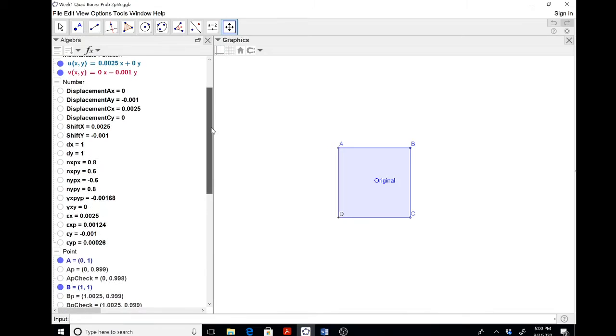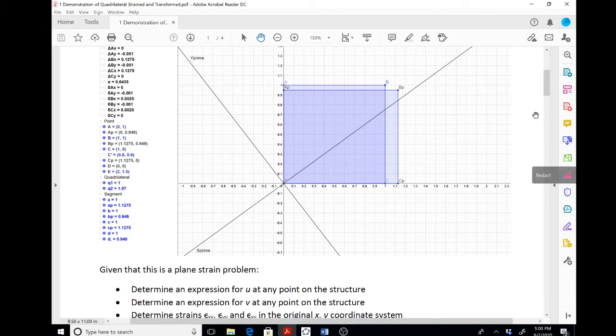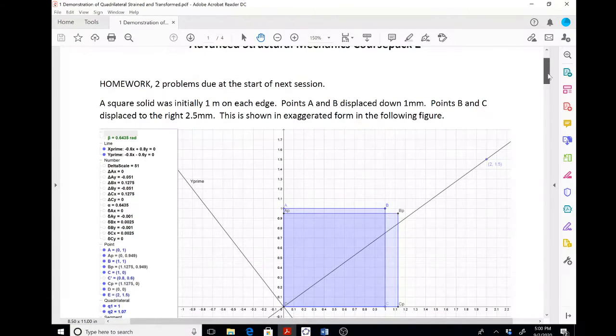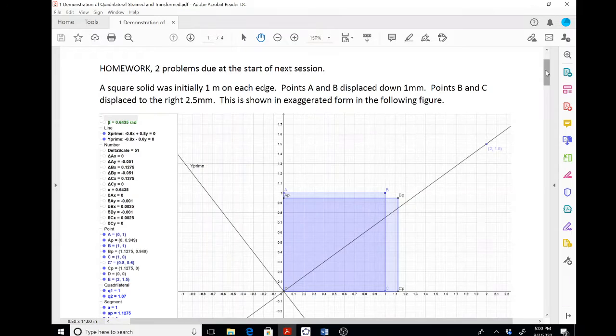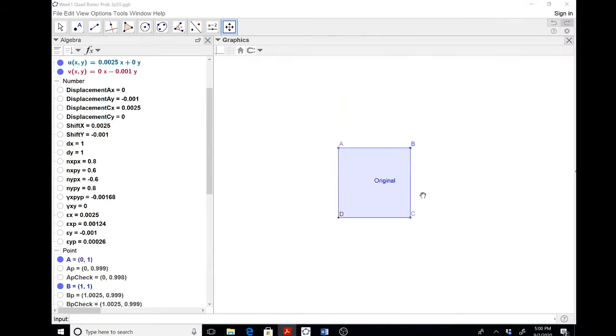Then I put in a number and I called it Shift X and Shift Y, and remember that was the shift in the X is, in this example here, 2.5 millimeters. It's exaggerated in this picture to the right, and the shift downward in the Y direction is 1 millimeter. So I put those in as 0.0025 and minus 0.001.